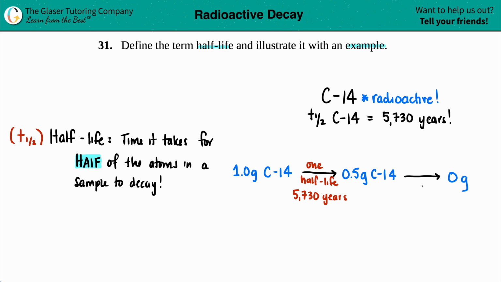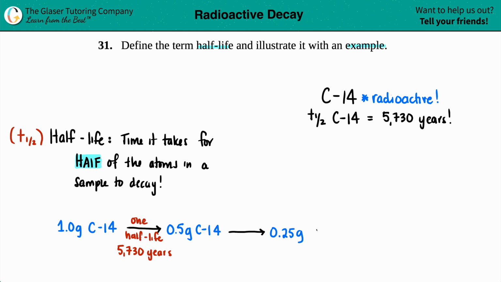But that's not the case. Now you're starting fresh, because you only have 0.5 grams. So what's half of this number? If I take 0.5 and divide it by 2, I get 0.25 grams of C14.